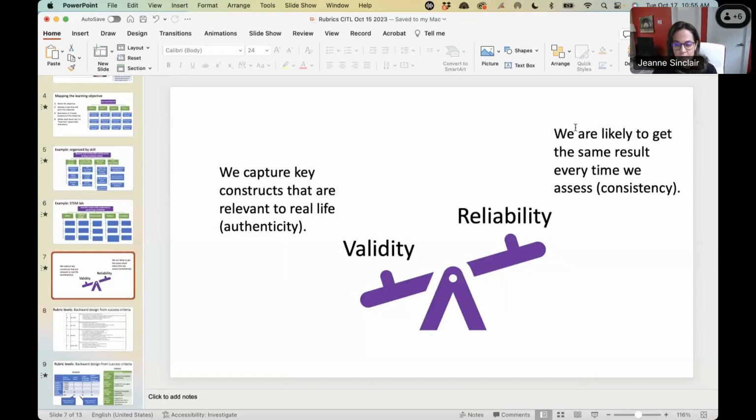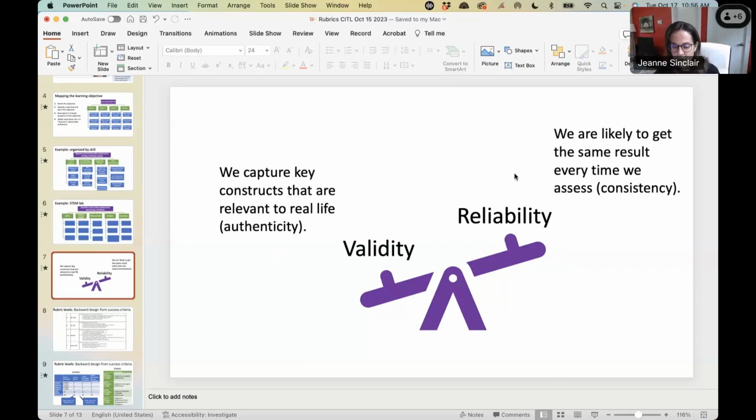So actually, the more simplistic the assessment, the more reliable it usually is. On the other hand, validity is when we're capturing all the key constructs, so that would be the skills and the knowledge that are relevant to real life and authenticity. So there's a balance between validity and reliability. It's called the attenuation paradox.